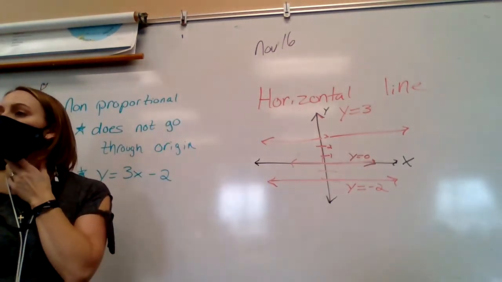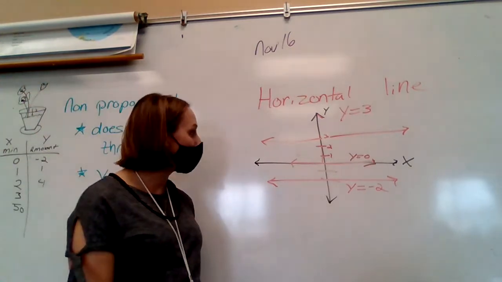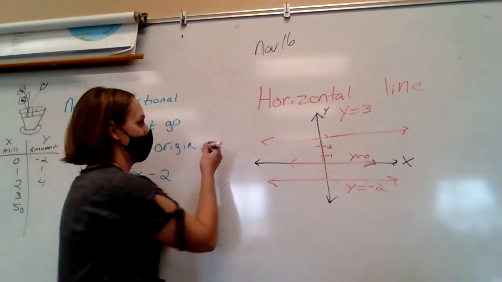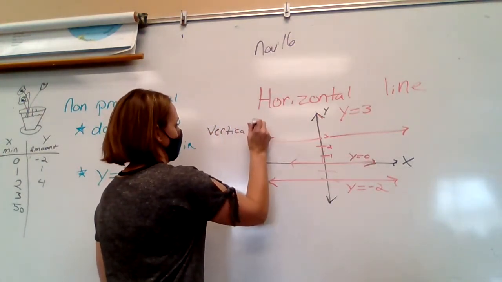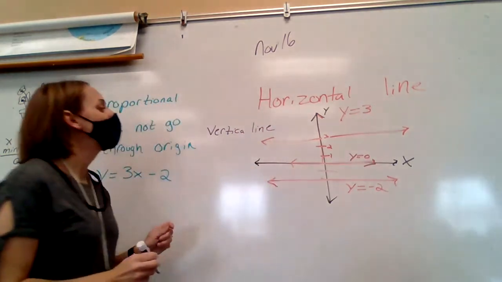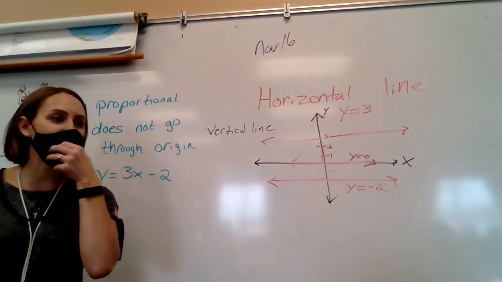Does it work with vertical lines too, so x equals 3? That's exactly what we're going to do next. A vertical line. If it is a vertical line, it's x equals some number.